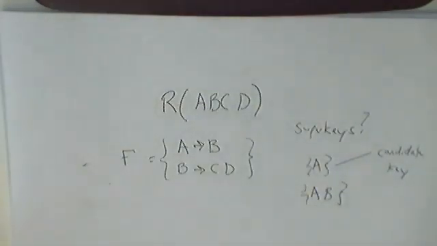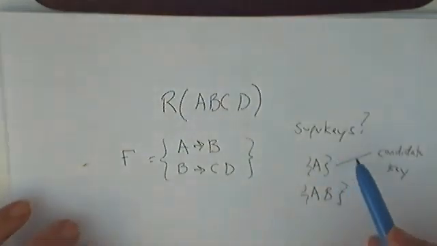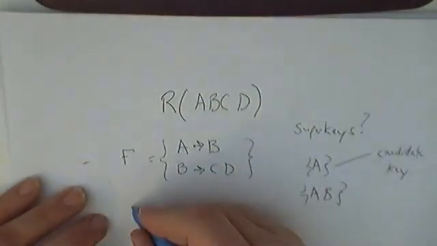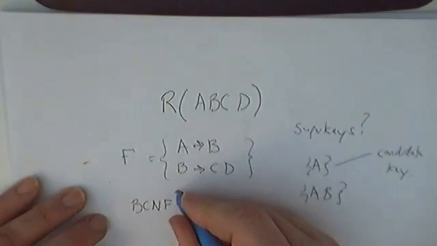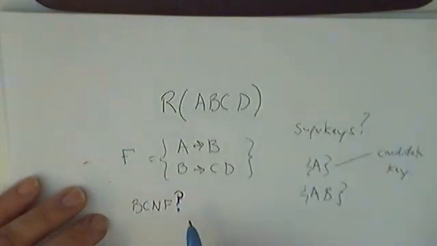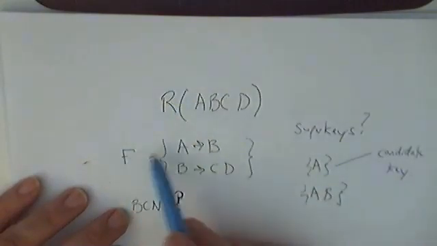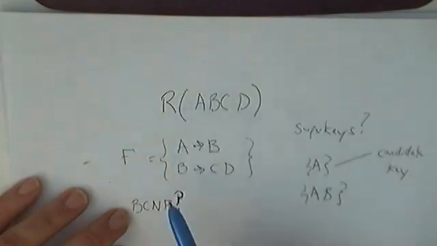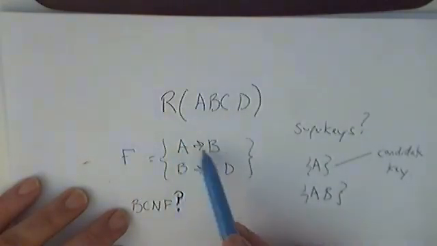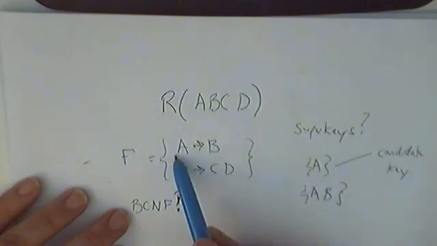Then the issue of BCNF, which we talked about last time, is when is something in BCNF? This normal form, BCNF, we argue has some desirable properties. A relation under the functional dependencies F is in BCNF if, for all of the functional dependencies, the left-hand side is a superkey.